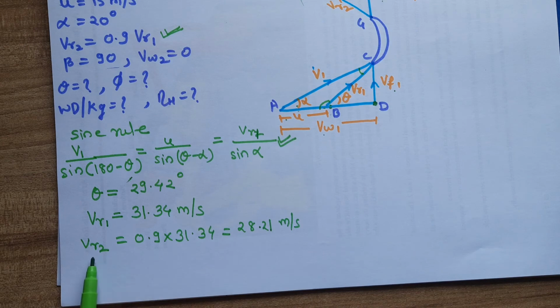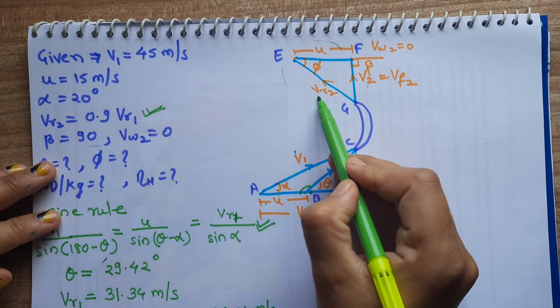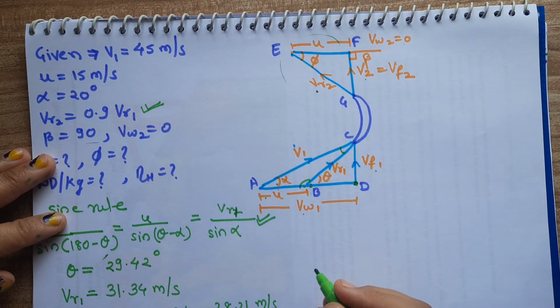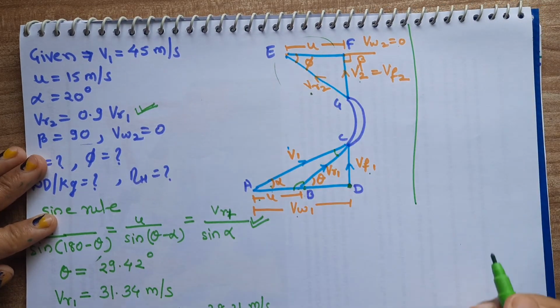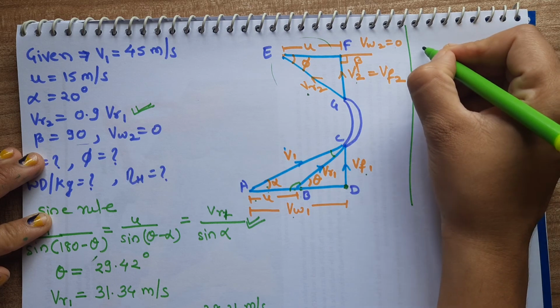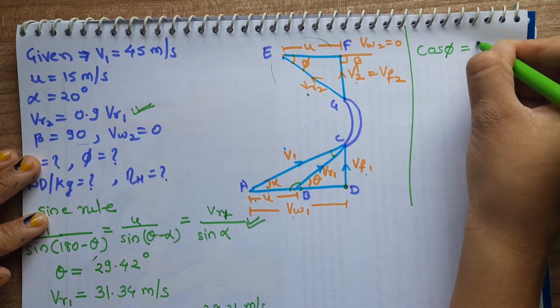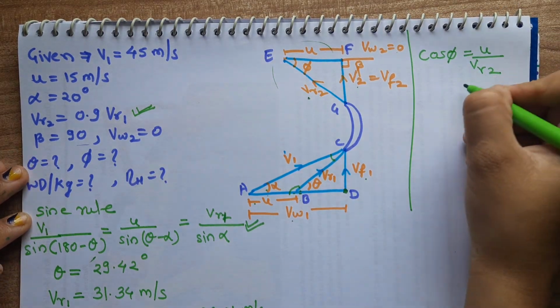Now here we have got VR2 and U. So we can find phi. So cos of phi is equal to U divided by VR2.